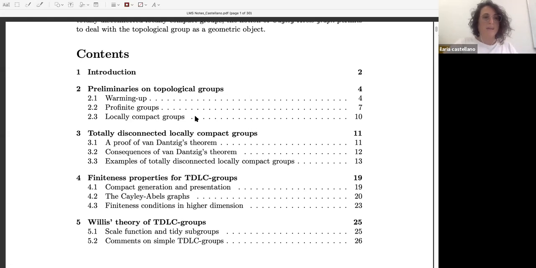Today is going to be a gentle lecture. So it's a warming up, as it's written here. I will talk about some preliminaries on topological groups that we are going to use further on. And the goal is to reach the definition of totally disconnected locally compact groups.